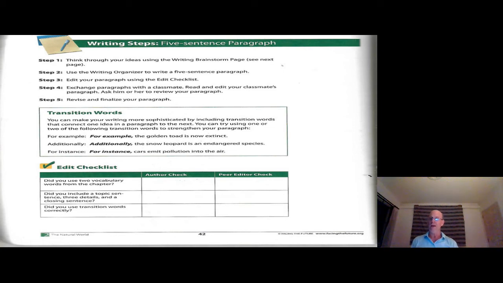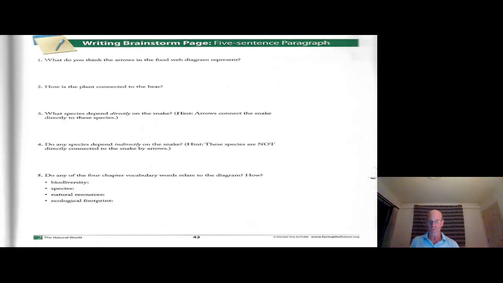Don't forget, as this document says, your transition words in between ideas you have, for example, additionally, for instance. And then when you're editing, you can look at the checklist there. So go ahead and answer these questions.